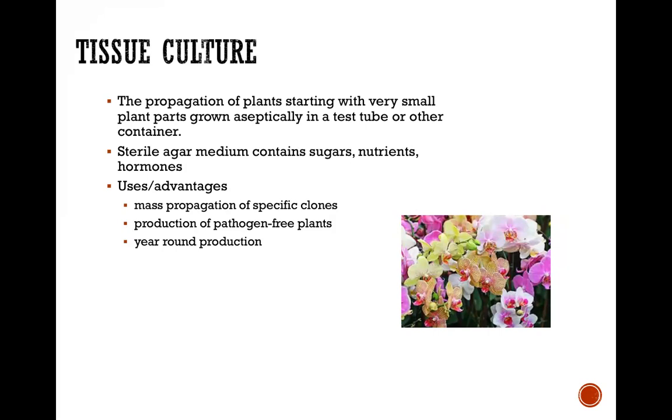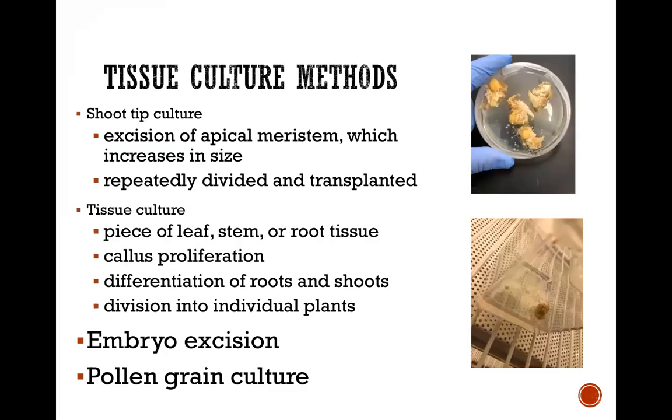And so this is good for mass production of disease-free plants, and this also ensures year-round production. The idea here is that you're growing out these plants on a particular kind of media that stimulates root and shoot growth. It can look something like this. You can take it from the shoot, you can take it from other parts of the plant, and you induce a callus, something like here at the top. And over time, given the right nutrients and the right hormones, it's going to induce root and shoot growth.